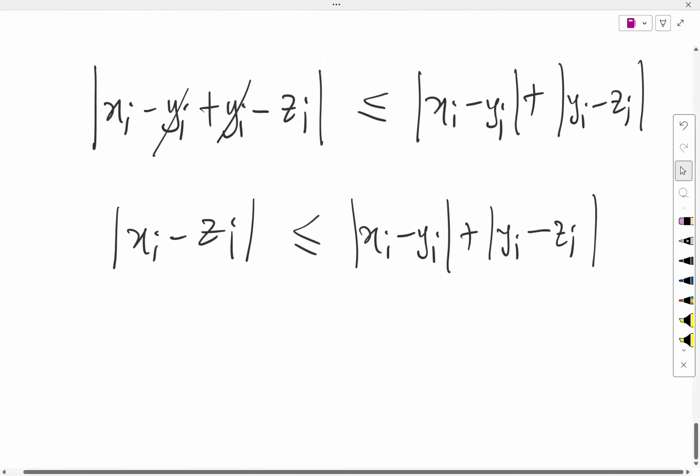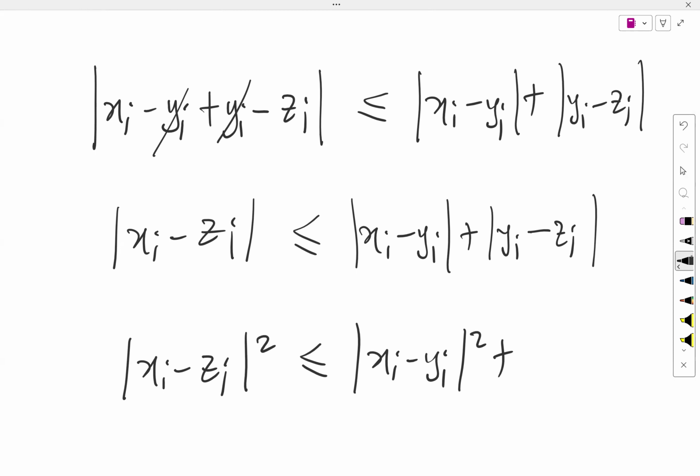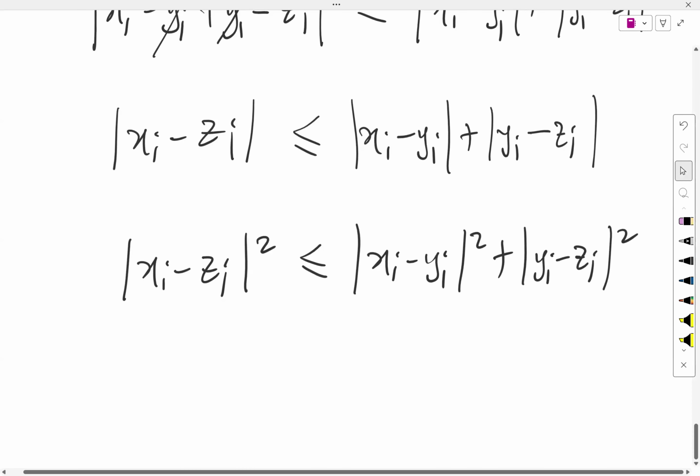And we can take the summations. Before we even take summation, I think it's sensible to take squares. So we have xi minus zi squared less than or equal to absolute value of xi minus yi squared plus yi minus zi squared. Then the next thing we can take the summation.